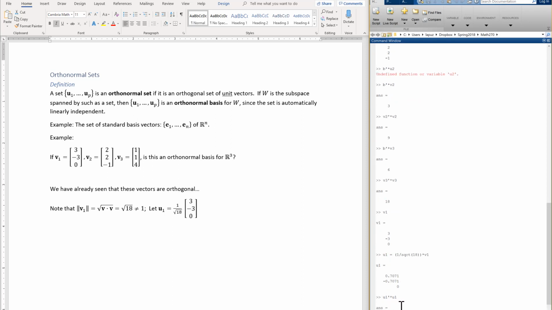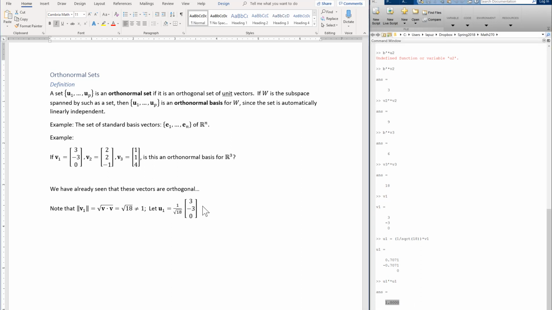And we get 1. So if we were to try to find the length of U1 here, you're actually going to get 1. The same thing is going to happen here. All we need to do is take the square root of the magnitude of this. So we can find U2.